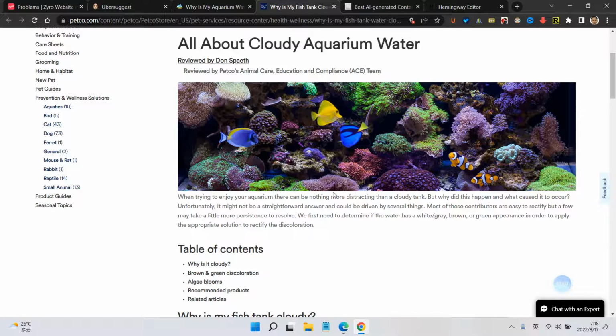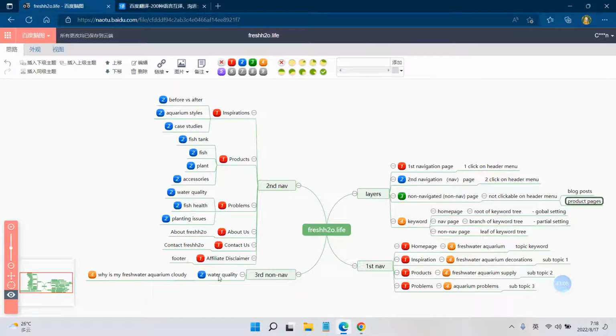So I will link back to bigger pages like this one, so that people can have more information about similar problems, so they stay longer on my website.